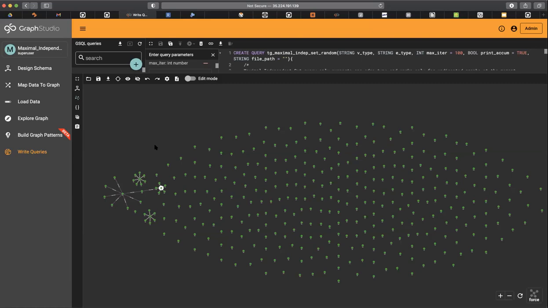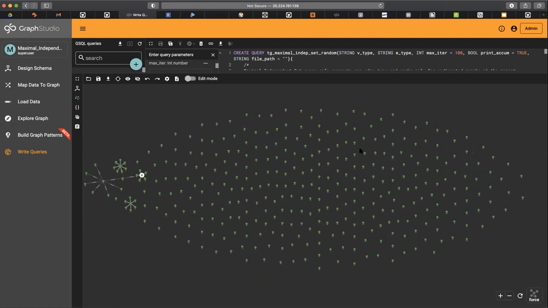Where maximal independent set comes in is that you find some big unconnected set of vertices like this, and then you let each of those vertices perform that computation in parallel, and you're guaranteed not to have any conflicts. None of these vertices are going to swap communities because none of them are adjacent to one another.